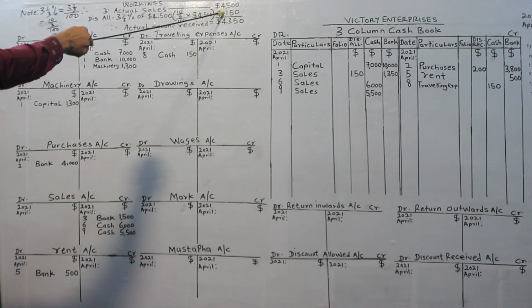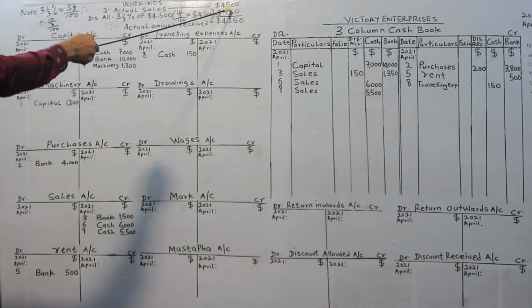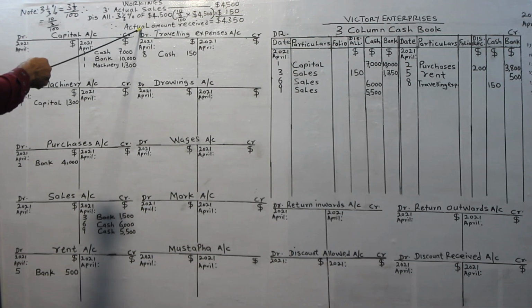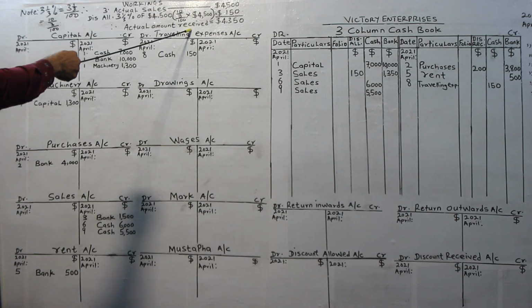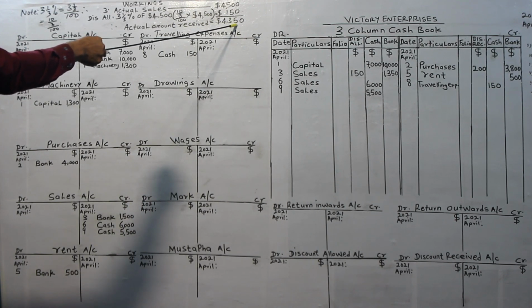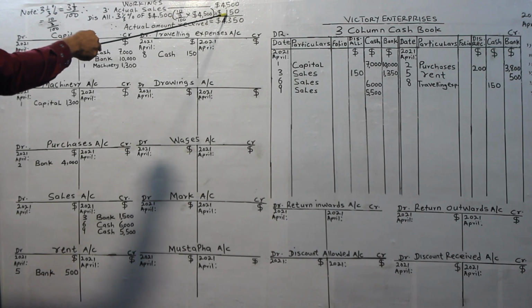That gives us 150. So 3 whole number 1/3% of 4,500 gives us $150. Therefore, the actual amount received from the sales is $4,350. That is $4,500 minus $150.